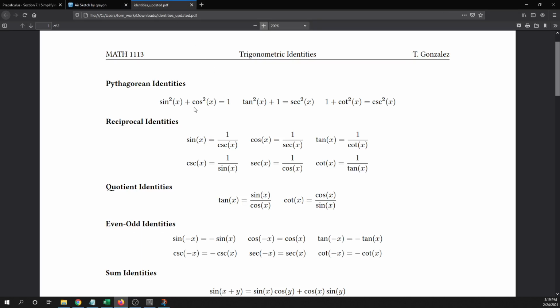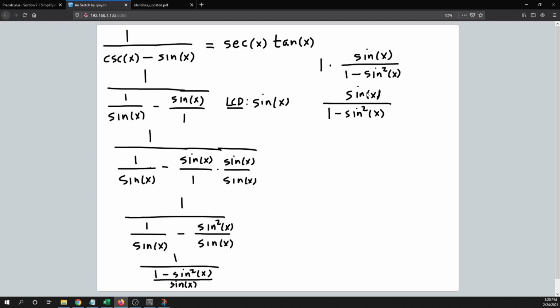If I look at these identities, if I subtract cosine squared from both sides, I wind up with the fact that sine squared equals 1 minus cosine squared. So I'm rearranging this identity that I already know to be true. I know 100% that this is an identity. Well, that means it's also true that sine squared equals 1 minus cosine squared. So I can replace this 1 minus sine squared by cosine squared.